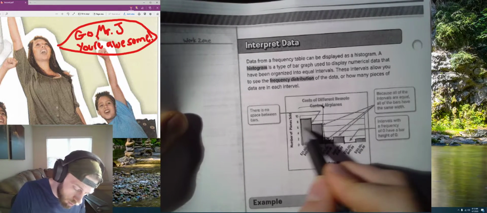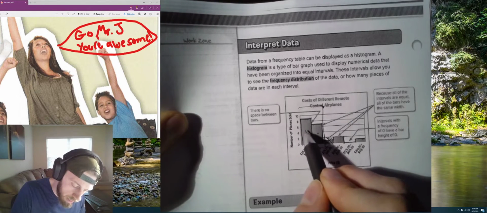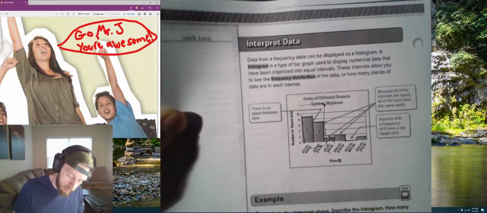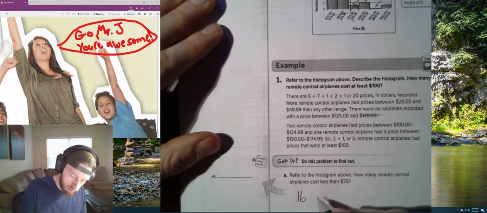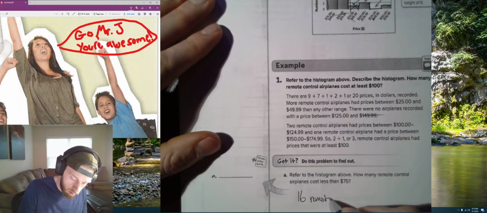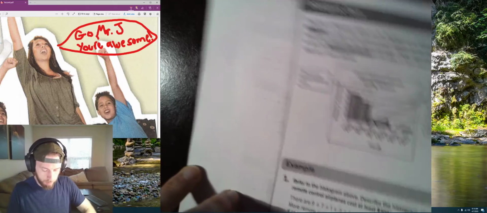So that is a total of 7 airplanes in this price interval, 9 airplanes in this price interval, and 9 and 7 is 16. So the answer to this question is 16 remote control airplanes. Okay, let's move on.